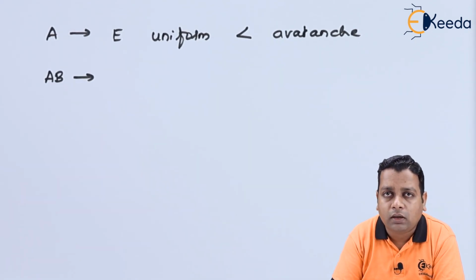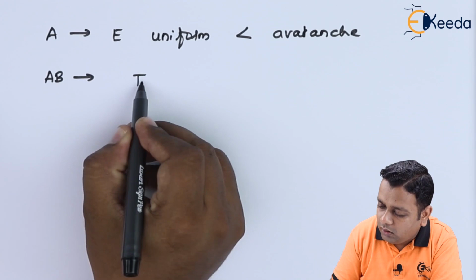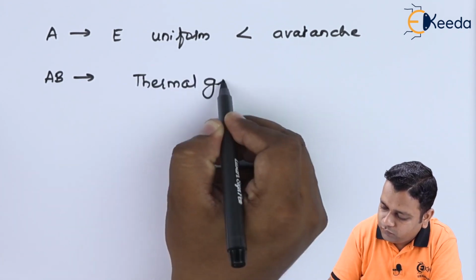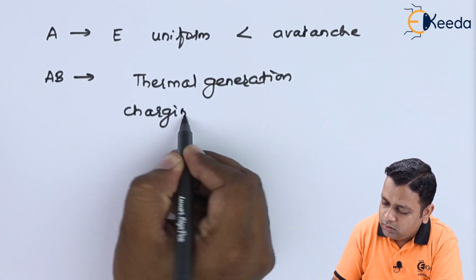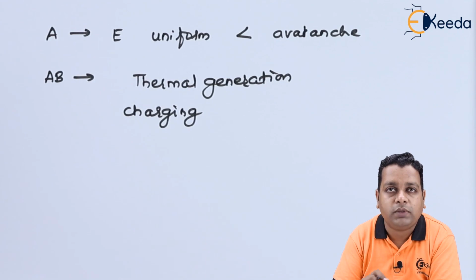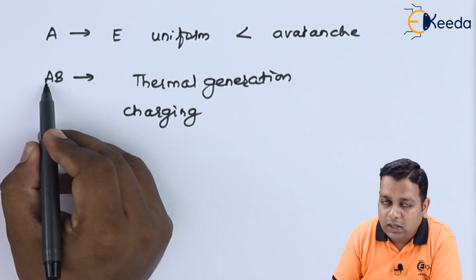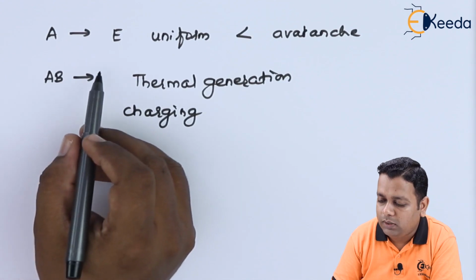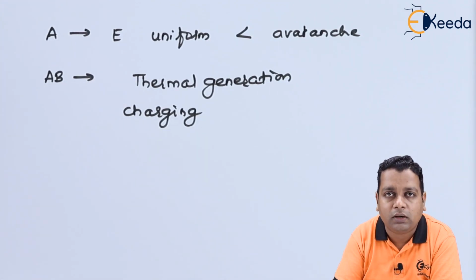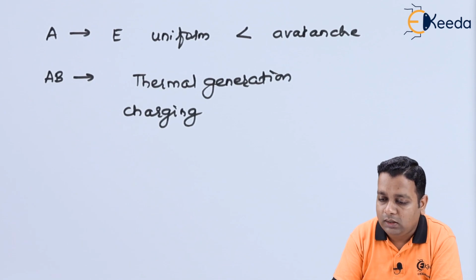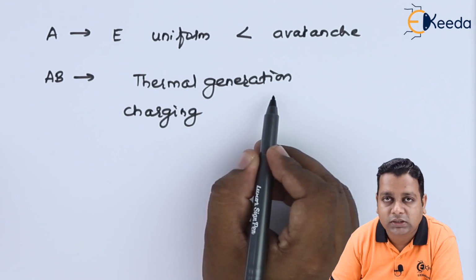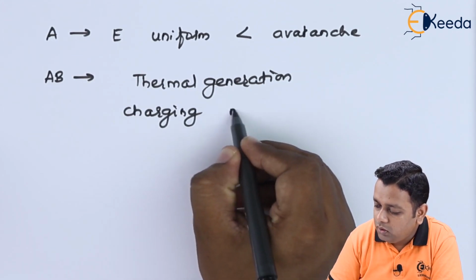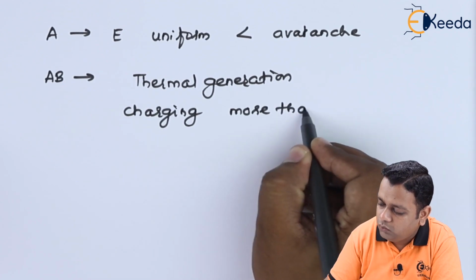There will be a thermal generation inside the body of the semiconductor, and because of the thermal generation, we can say that charging of the diode happens. Hence from point A to point B, the electric field will be rising, or in terms of voltage or current you can say it will be rising here. So this charging or thermal generation will be more than that of the breakdown voltage.